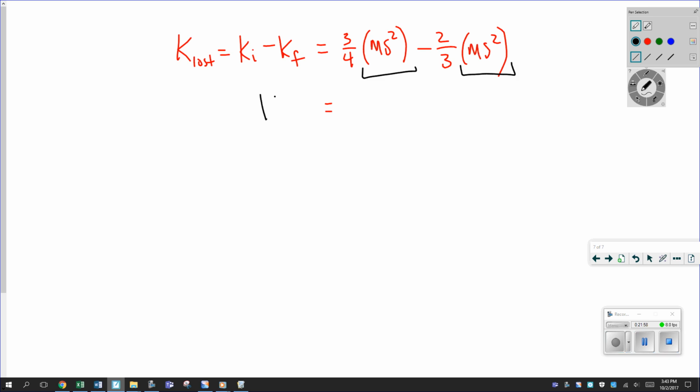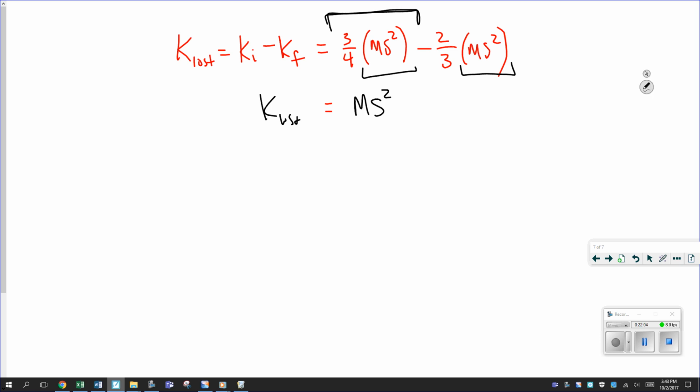So K lost is m s squared. Now, in this first term, we have 3/4 multiplied by that, and in the second term, we have 2/3 multiplied by that. And that minus just carries down.